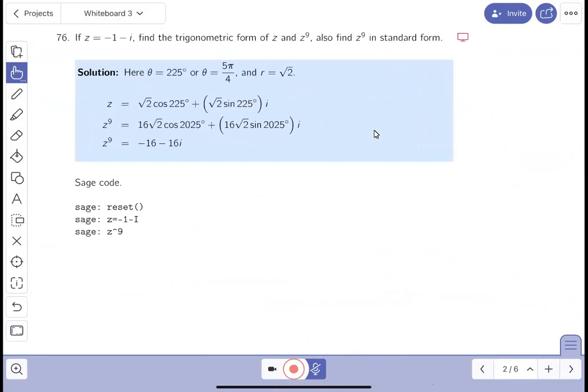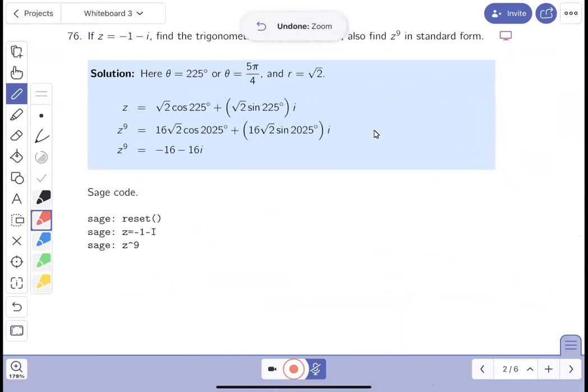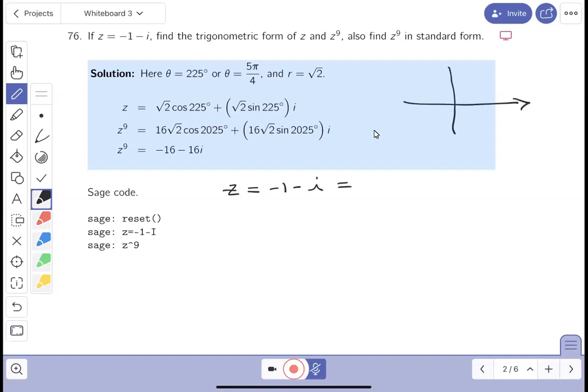So let me remind you, I see z. I want to get back to black ink. z is minus 1 minus i. And again, I want to remind you, our goal here was to write it in the polar form or trigonometric form, where this was the real number, this is the imaginary number.